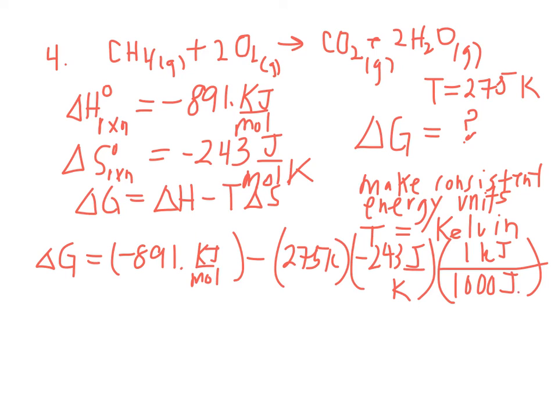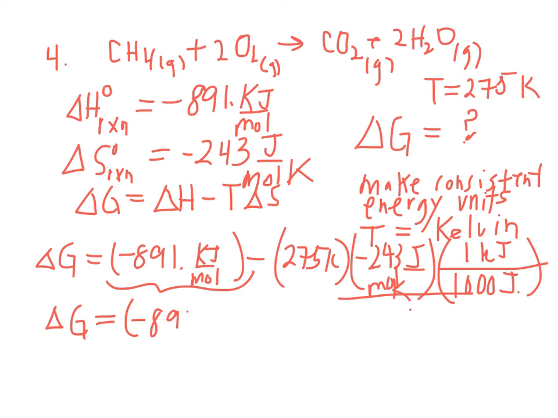These joules will cancel. These K's will cancel. Oh, and this is joules per mole Kelvin. And so in the end, you'll have kilojoules per mole left as units on this part of the equation, and they'll be perfectly consistent with units on that side of the equation. So now all we have to do is go ahead and do the math.